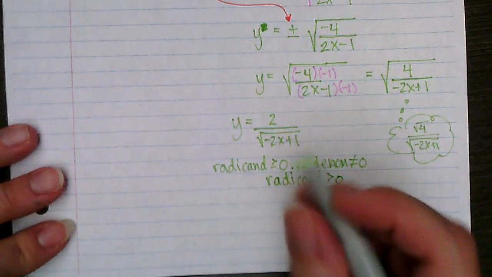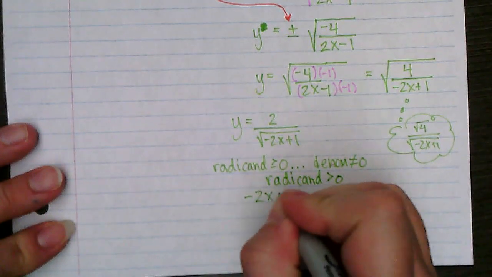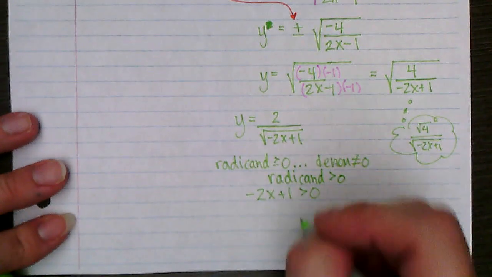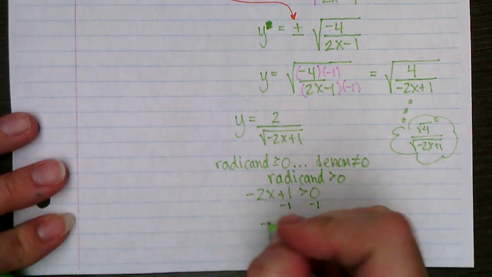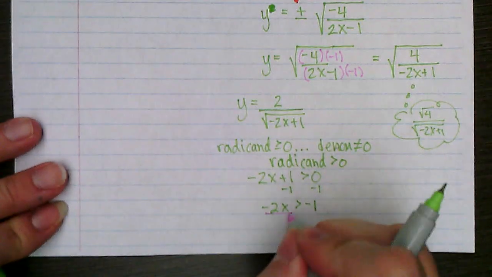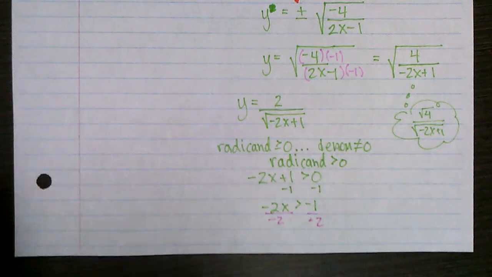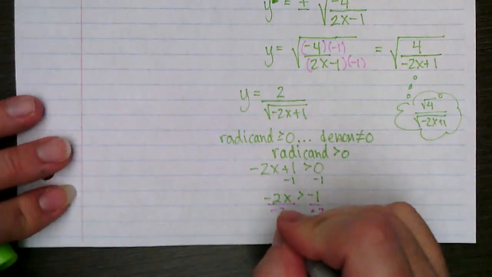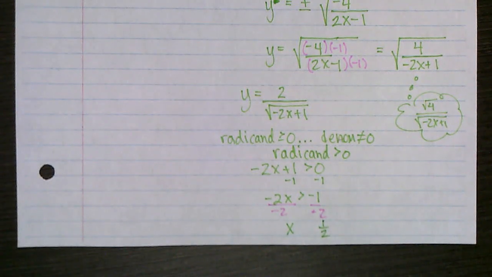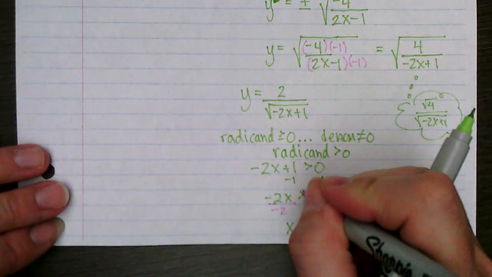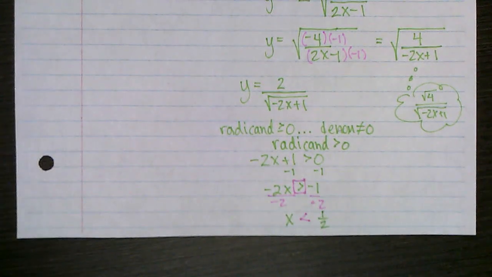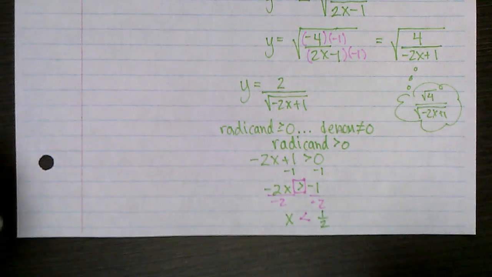So negative 2x plus 1 must be greater than 0. Then subtract 1: negative 2x has to be greater than negative 1. Divide both sides by negative 2, which leaves us with x on this side and positive 1/2 on this side. Remember that when you divide both sides by a negative, you have to reverse the inequality. So this will be x is less than 1/2.